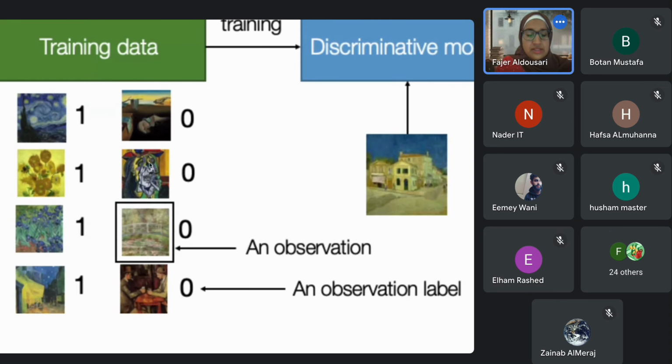And if they're not Van Gogh paintings, they will be labeled as zero. So in a discriminative model, you would input something like a painting, in this case a Van Gogh painting, and it would predict whether or not it is one.